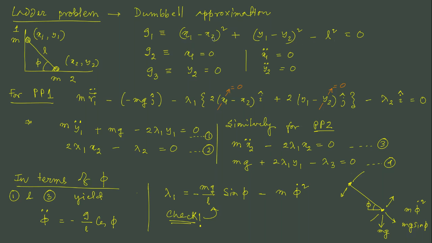So, in principle, we could have assumed x2 equal to some cosine phi or sine phi. In this case, we are assuming x2 to be equal to L cos phi and y1 to be L sin phi. If you assume that, then the equation is again simple. Phi double dot is equal to minus g by L cos phi. Straightforward. This is your equation of motion.